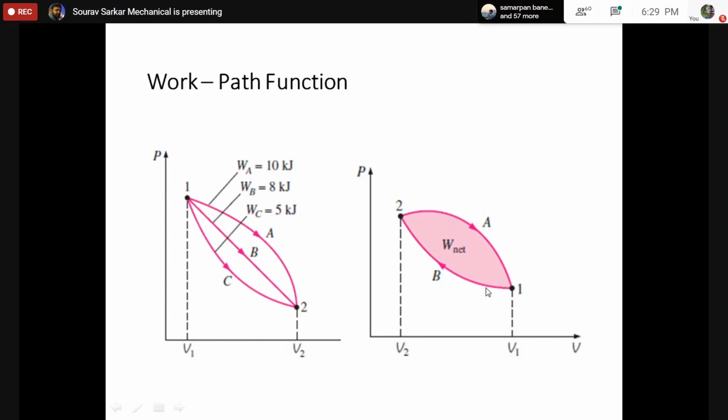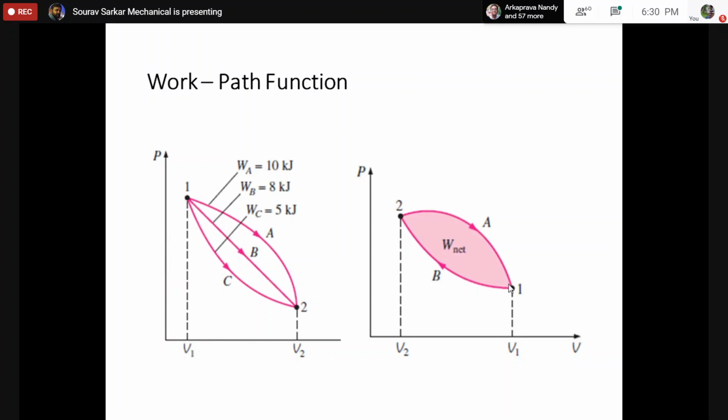If you are moving from point 2 to point 1 through another different path, the area under the curve 1 to 2 is a negative work. Area under 2 to 1 is a positive work. If we sum this up, you will get this net work. So this amount of work will be done by the system.